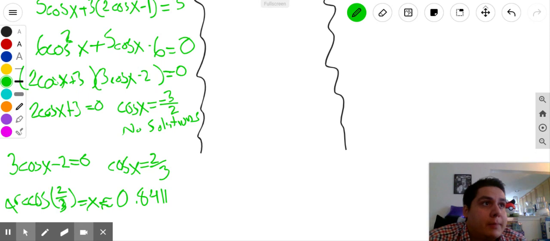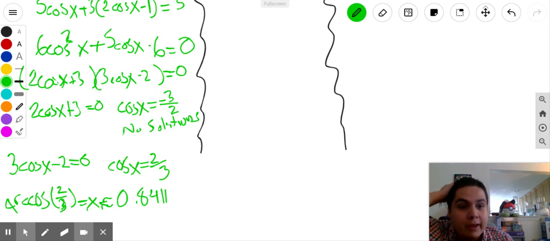right? And that's going to be in the first quadrant because cosine is equal to a positive number in the first quadrant and the fourth quadrant. So using my rules for the arc cosine, I can get my second possible principal angle if I just use the negative version of this answer.